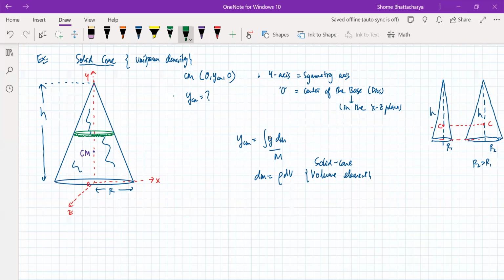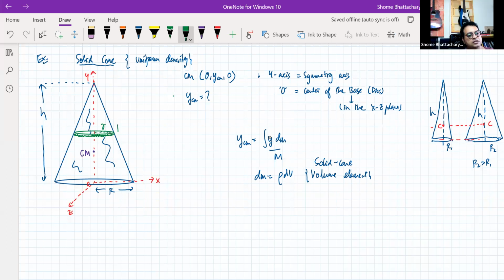So such a disc is of radius, let's say small r, and thickness dy, because that thickness is along the y-axis. So this volume element that we'll take will be a thin disc, sliced by a plane parallel to the xz plane.